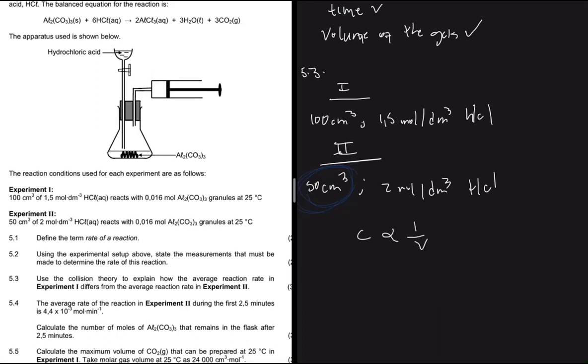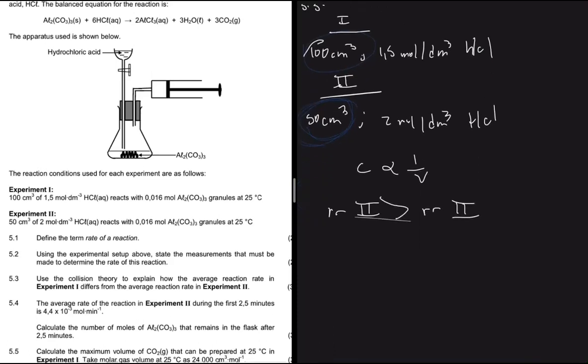And then here we have more volume. So the rate of reaction of experiment 2 is greater than the rate of reaction of experiment 1. Experiment 2 will take less time because there are more molecules.